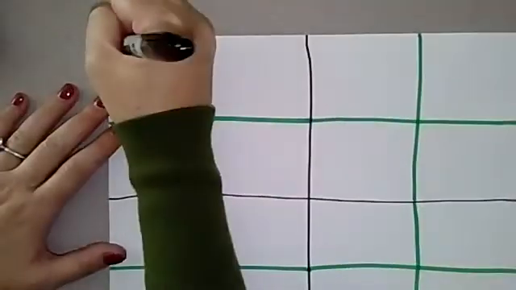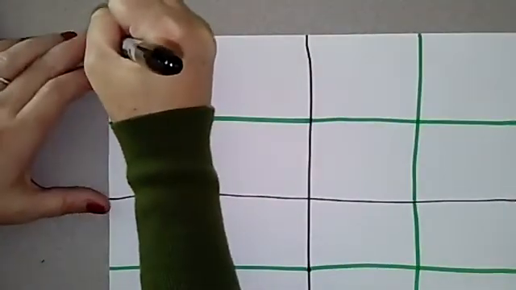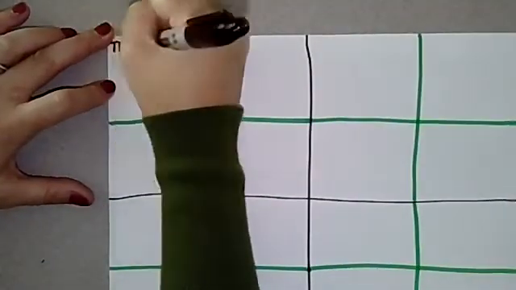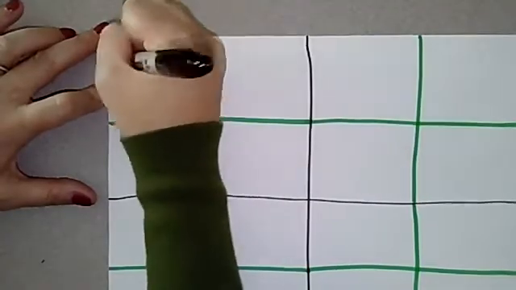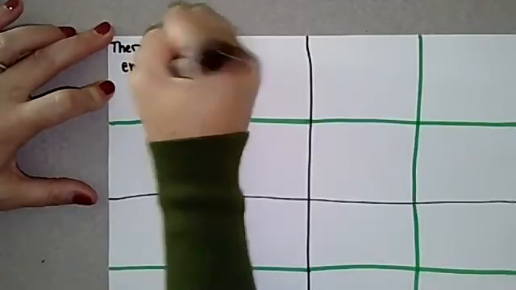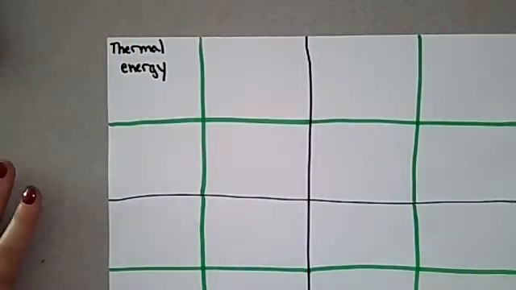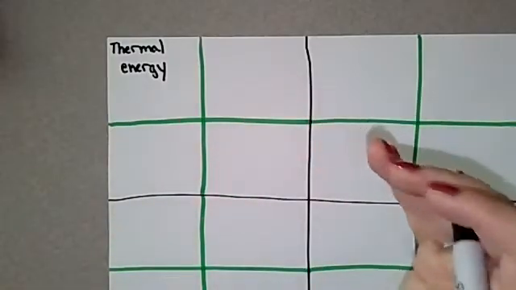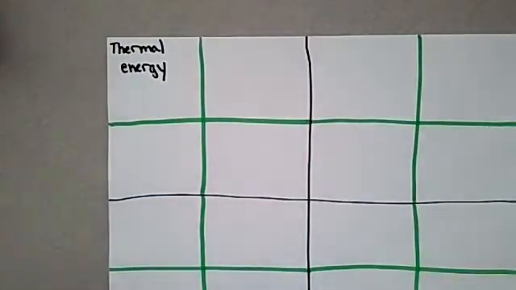All right. So our first word up here is thermal energy. Basically, all thermal energy is, is the heat that can be transferred from one object to another. It's just transferring heat.